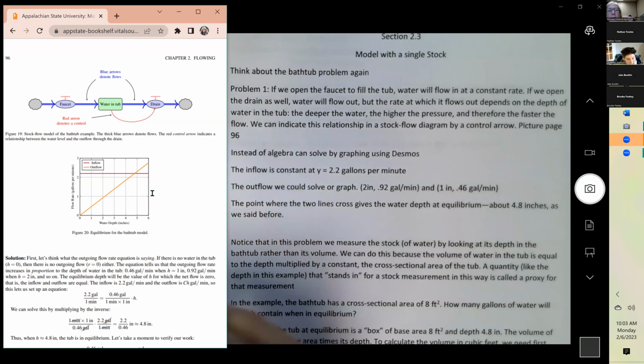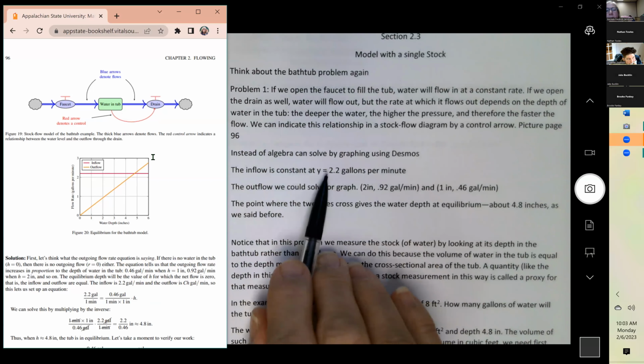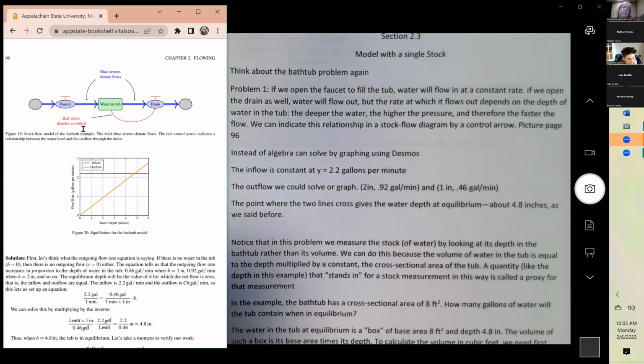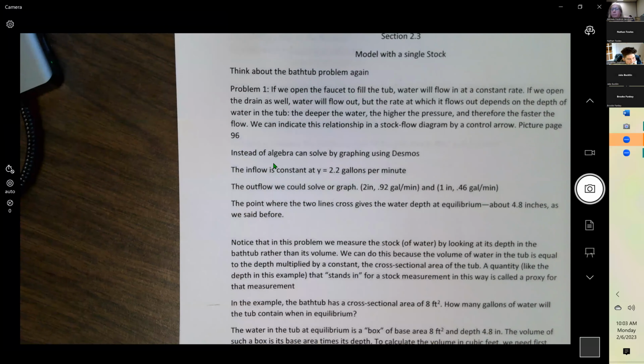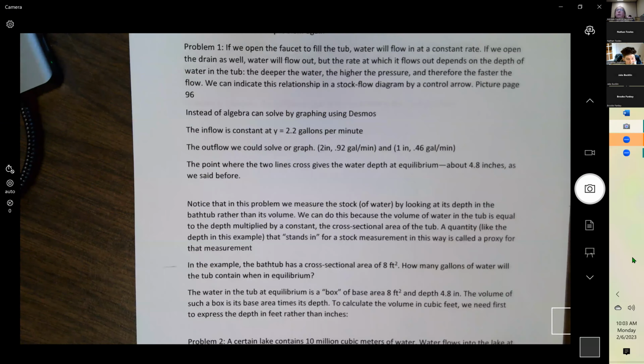So they're showing that on this here. Instead of algebra, we can do it by graphing, but I'm going to show you the algebra first on finding this line. I think for this course, you should be able to do it with graphing.